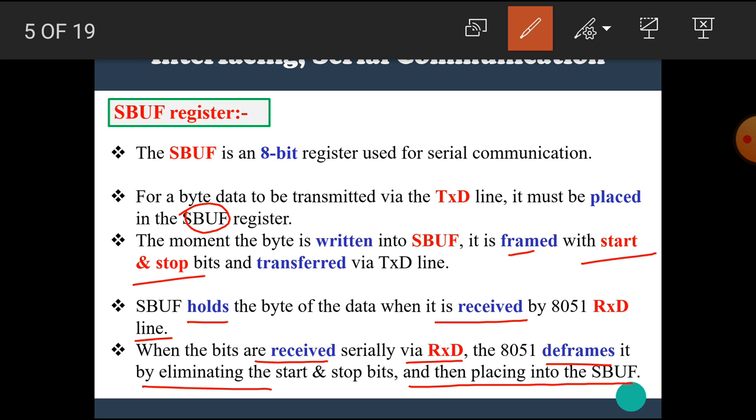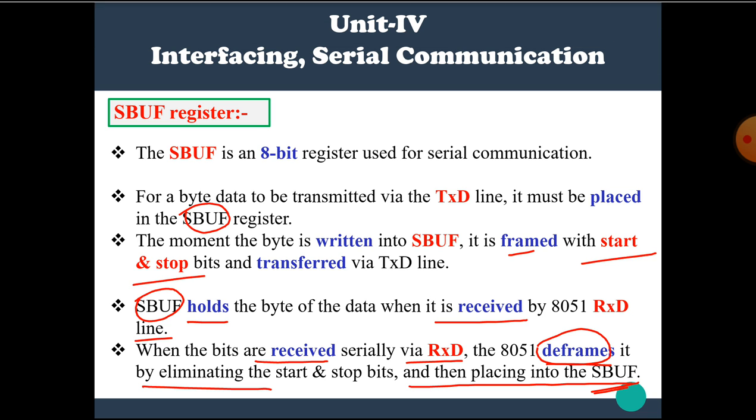In case of reception, the received data is stored again in the SBUF register, and this stored data contains the start and stop bits. These start and stop bits are removed. That means this data is deframed and kept in the SBUF register for further operation.